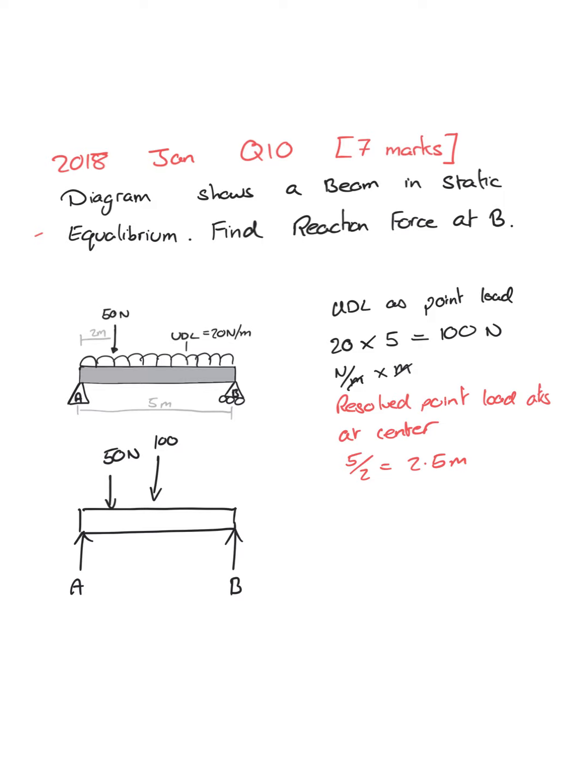That 50 newtons hasn't moved, it's still 2 meters away. This 100 newtons is at 2.5 meters away, so it's halfway, and the total distance of my beam is 5. That's a quick check. Nothing has changed, that's still 5, and we're ready to go and solve for B.